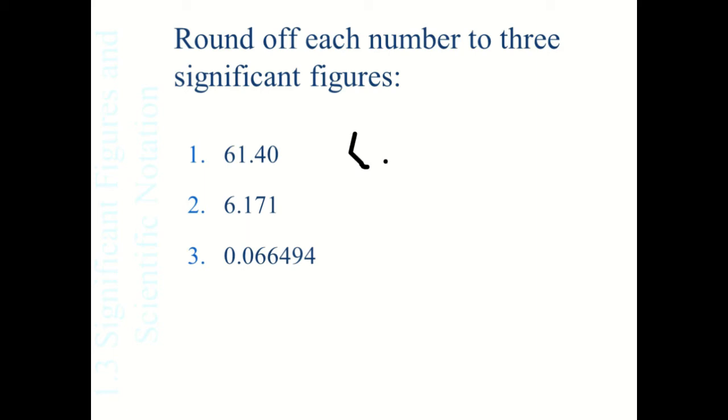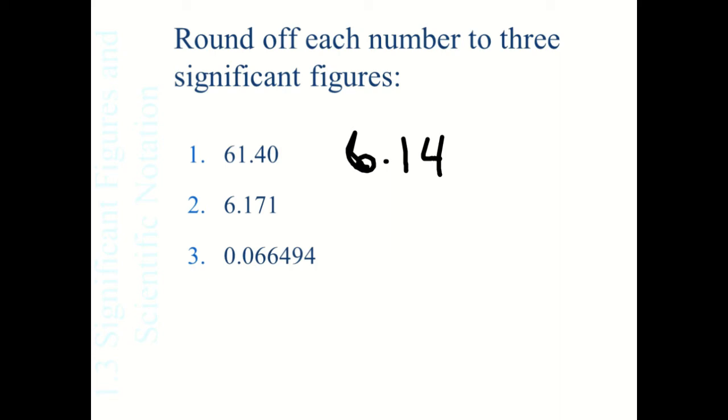What will it be? 6.14. Because I round that 4 to a 4 because this is a 0, right? So I don't mess with it. And that's 3 significant figures, right? It was 4, now it's 3.